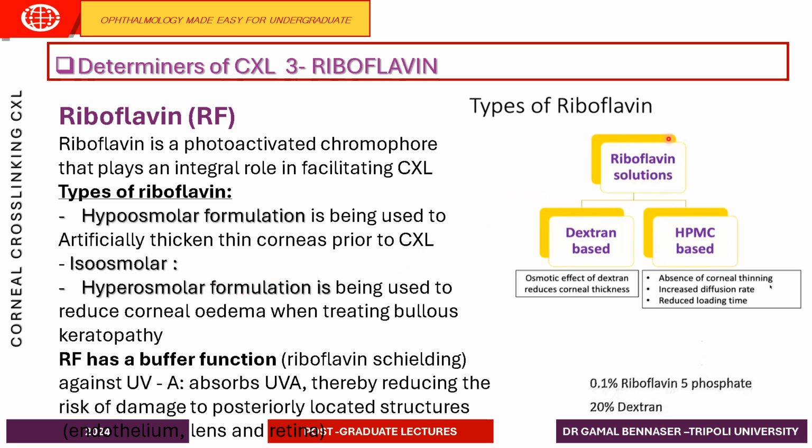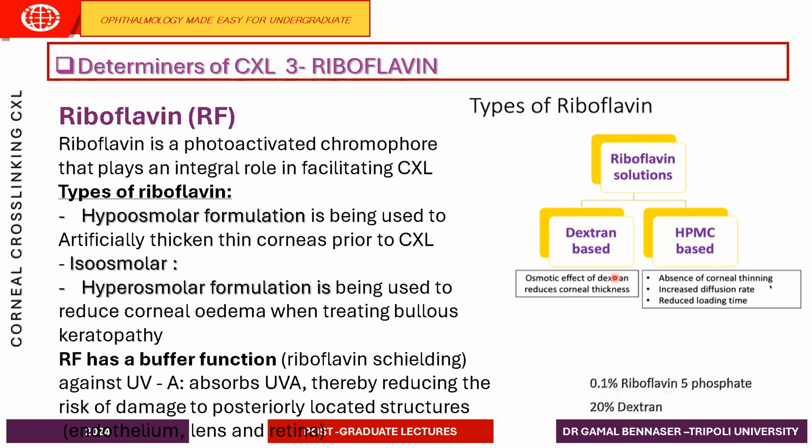The one explained by the standard technique, which is the Dresden protocol, is based on the dextran based riboflavin. Now the disadvantage of the dextran is that it might lead to dehydration of the cornea if left for a long time in the cornea. That's why during that procedure you need to do an intraoperative pachymetry to make sure that the residual stromal bed after removing the epithelium is at least 400 micrometers, so that you will not damage the endothelium.